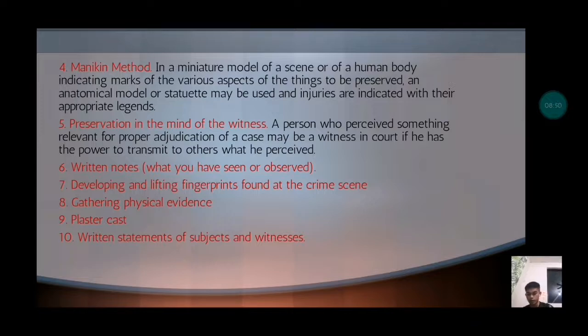An anatomical model or statue may be used, and injuries are indicated with their appropriate legends, although it may not indicate full detail of the lesion. It is quite impressive to the viewer as to the nature and severity of the trauma.